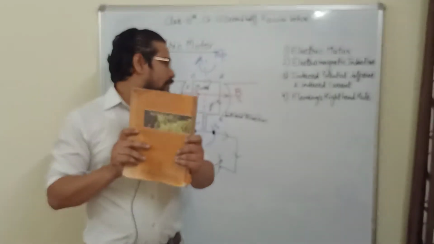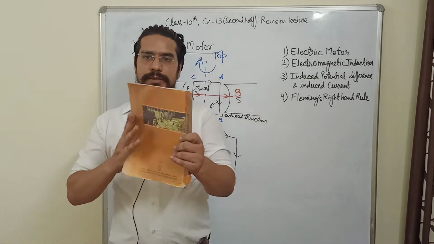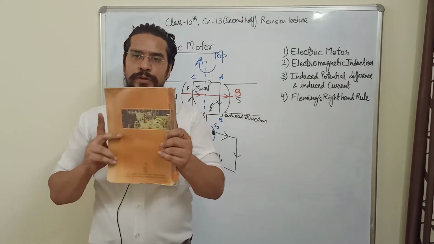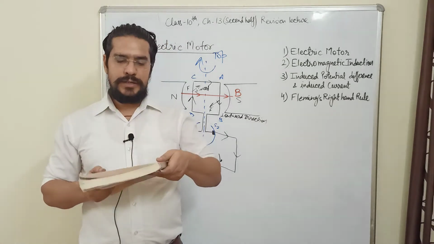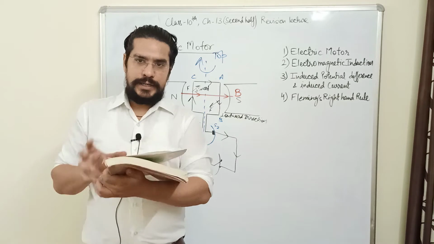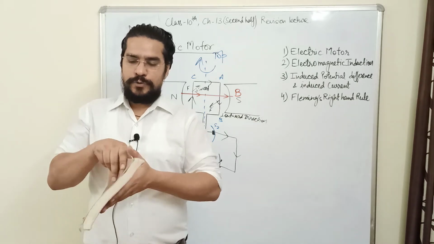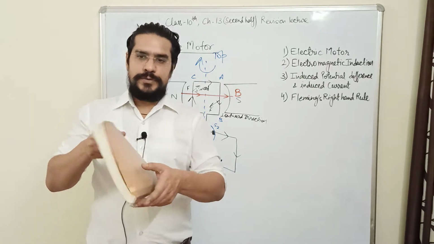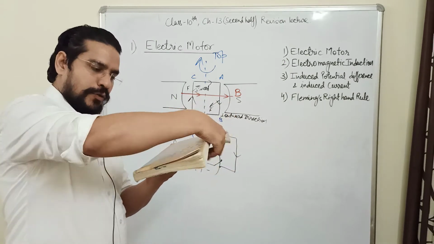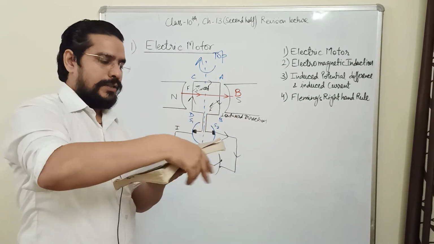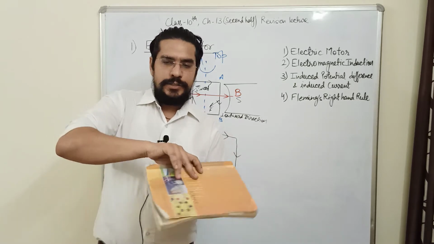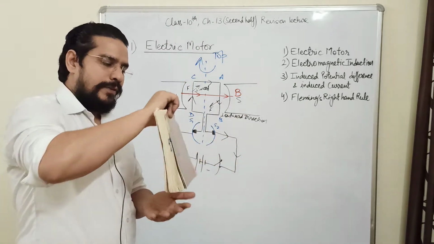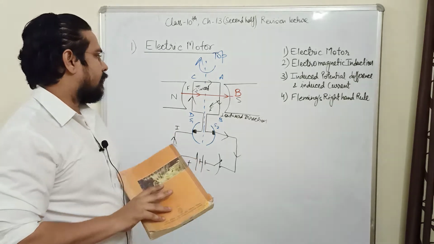If this is your armature and it is rotating like this, from the top side you observe clockwise rotation, but if you observe the same rotation from the bottom side, it is anti-clockwise. So whether rotation is clockwise or anti-clockwise is just our perspective, from which angle we are observing it.